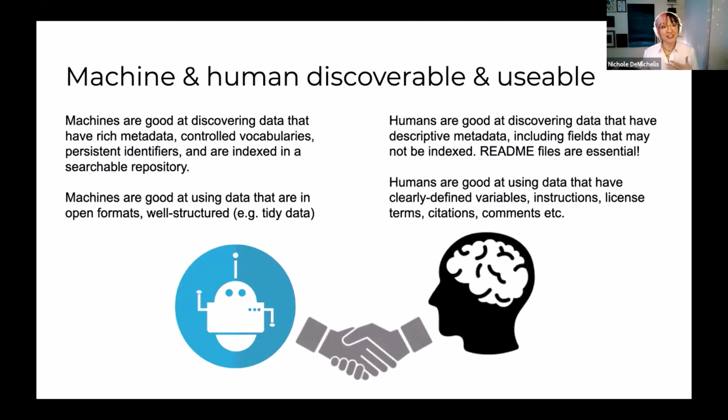On the flip side, humans have a bit different needs. As a human myself, I can testify that humans are good at discovering data that have robust descriptive metadata, including fields that might not be indexed. READMEs are essential. If we take nothing else away from this today, just know that we love READMEs.